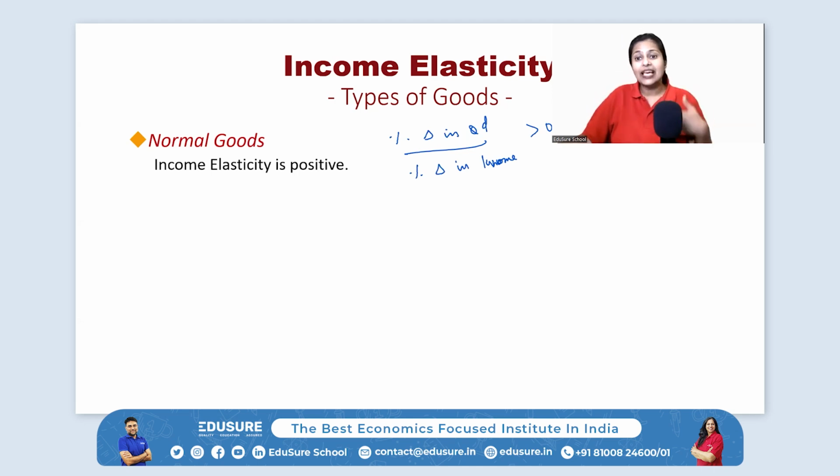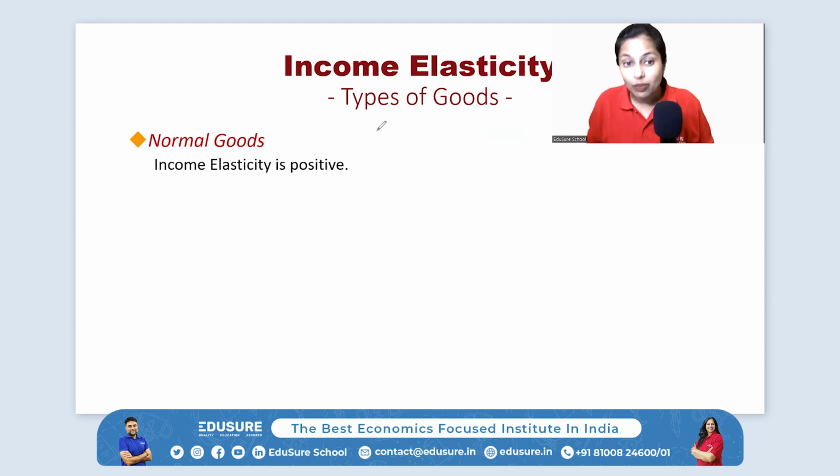But the point is that as your income increases, you must spend more on some good. So if you are richer, you choose to spend more on some goods, and those goods are called normal. What goods do we choose to spend more on? Good quality goods, right? Besides necessities, a little bit of luxury goods. Those are the kind of things we spend more on when our income increases. So those goods are normal goods.